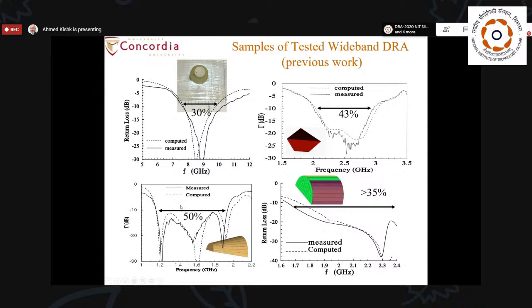That means this structure with the excitation used can excite more than one mode, and all of them are matched. So here we can get a radiation pattern completely different than this radiation pattern. Usually you have some specification for the radiation pattern, and that means you can't use this to define your bandwidth.